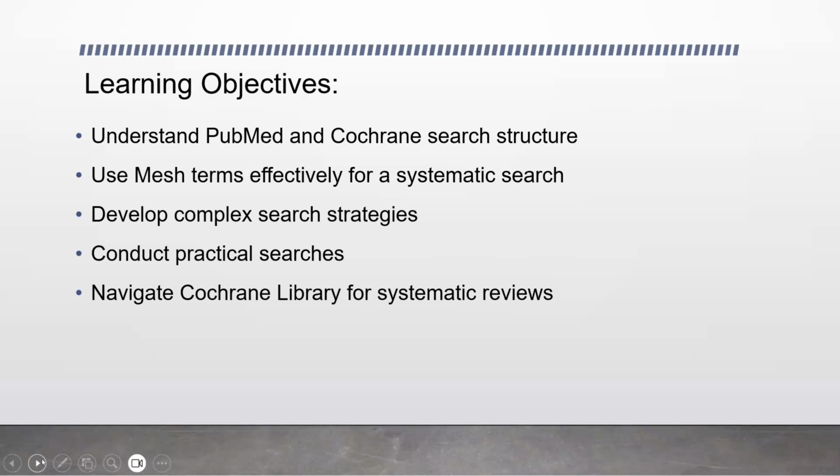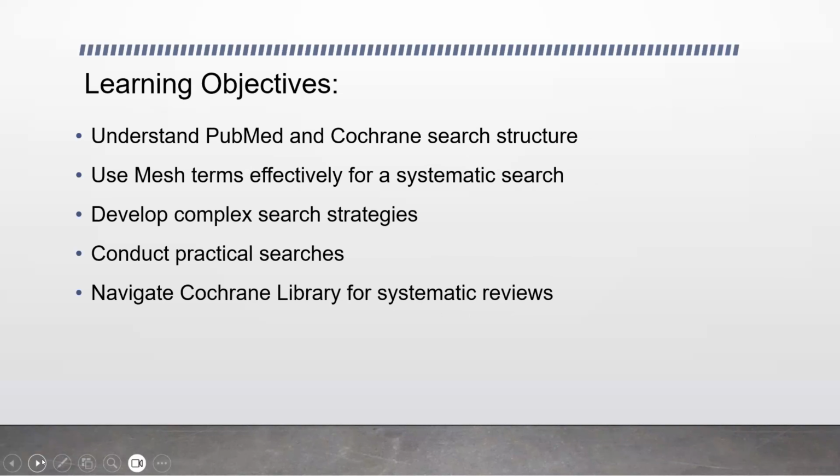Let's look at our learning objectives, what we're expecting to cover today in this session. First, understand PubMed and Cochrane search structure, how you can go about searching. You understand the structure of PubMed and Cochrane, how it looks, how you are supposed to go about it when you want to search.